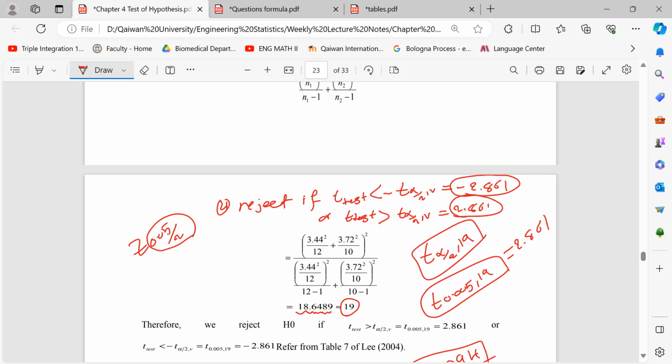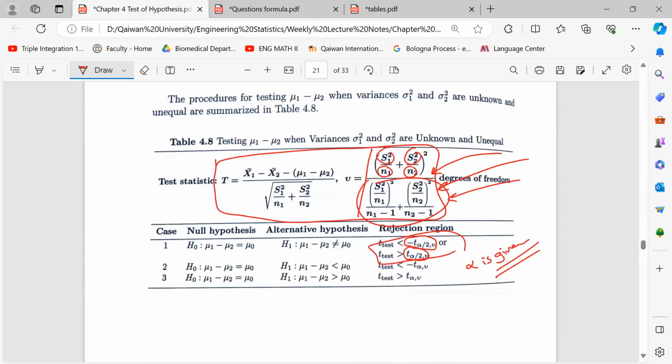No. Means it doesn't satisfy any of these two conditions, so H naught is not rejected. If it satisfied any of these, we would reject H naught. But 0.9 doesn't satisfy any of these two conditions, means we are unable to reject H naught.